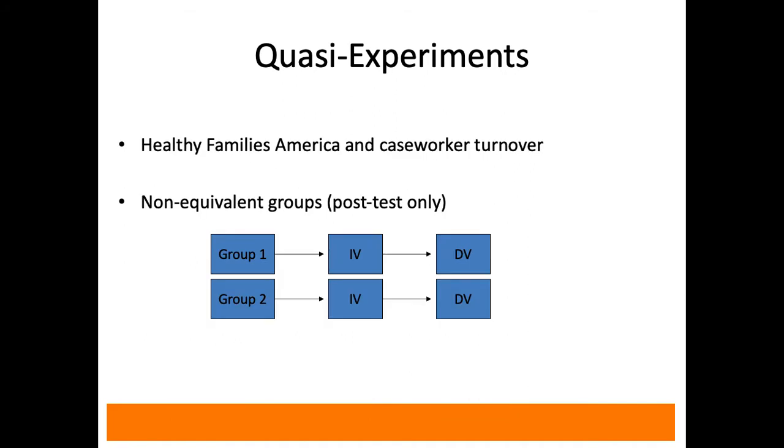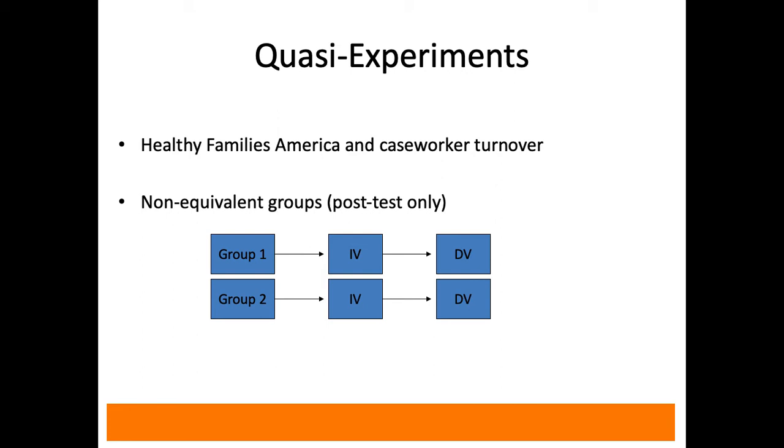One example of a slightly more naturally occurring experience is people in the Healthy Families America program. In this case, we were looking at caseworker turnover. So the caseworker working with families either quits the job and leaves, and the family has to be assigned a new caseworker, sometimes multiple times, or that's never happening.